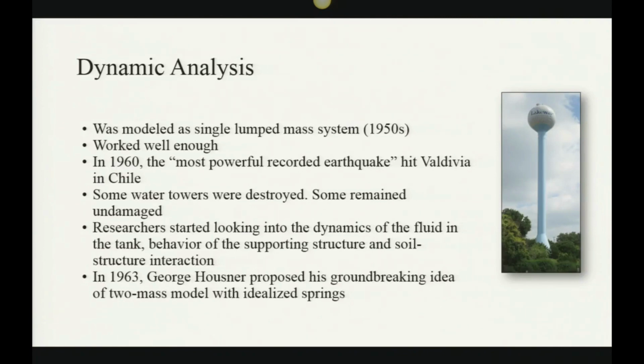For our analysis, they can be modeled as single lump mass systems, which was typically done in the 1950s, and it worked well, but an earthquake in Chile in 1960, where some of the water tanks were destroyed and some weren't, raised questions to researchers, and they decided to look into why this was. And in 1963, George Housner proposed a new equation where there are two mass systems and not just one.